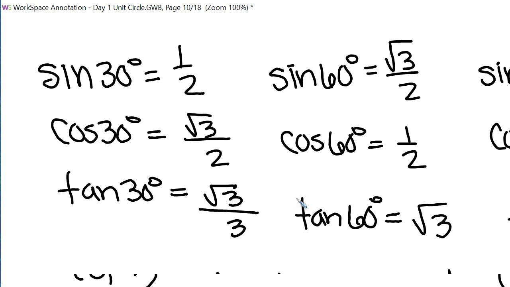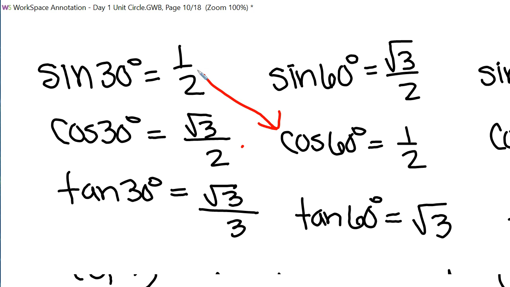Now some similarities. Looking at the 30 degrees and 60 degrees, what do you notice that's similar? Yeah, the sine of 30 degrees is equal to what? Cosine of 60 degrees. And what do you notice about the cosine of 30 degrees?